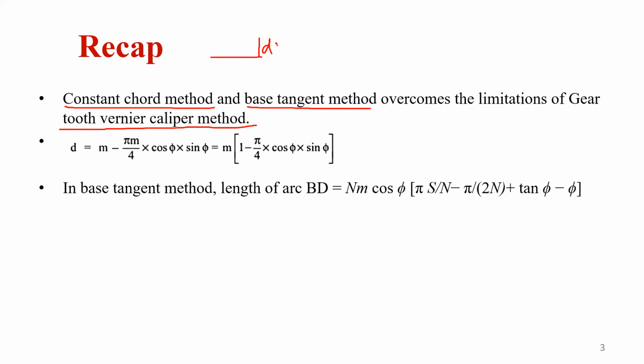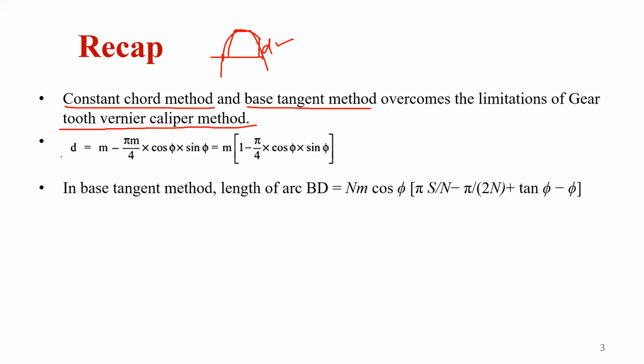So this D value is the same for all the gears having different numbers of teeth. That is the advantage of the constant chord method over the base tangent method and the gear tooth vernier caliper method.